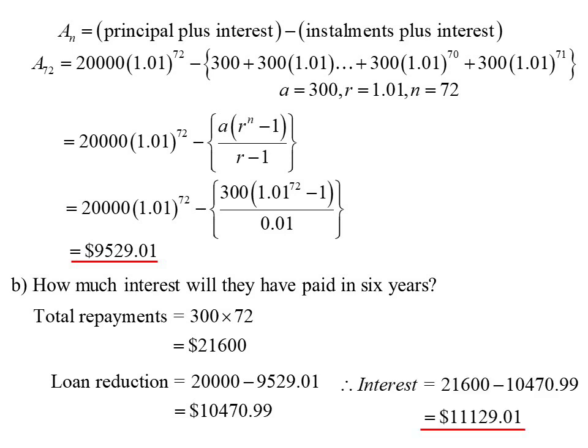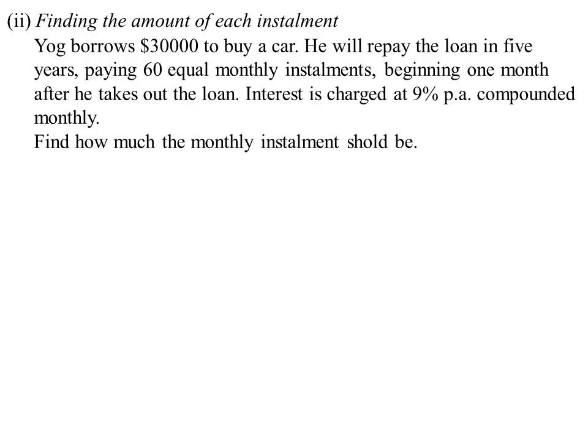So the interest would be how much we've paid back minus how much we've taken off the loan, because that gap then must be the extra money we've given the bank. So $11,129.01.